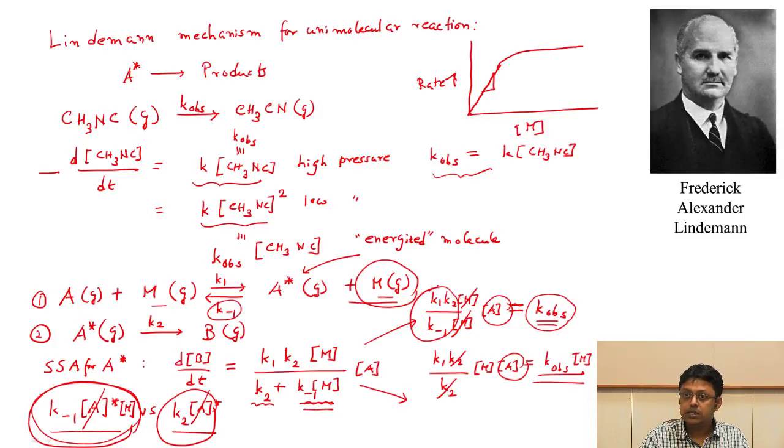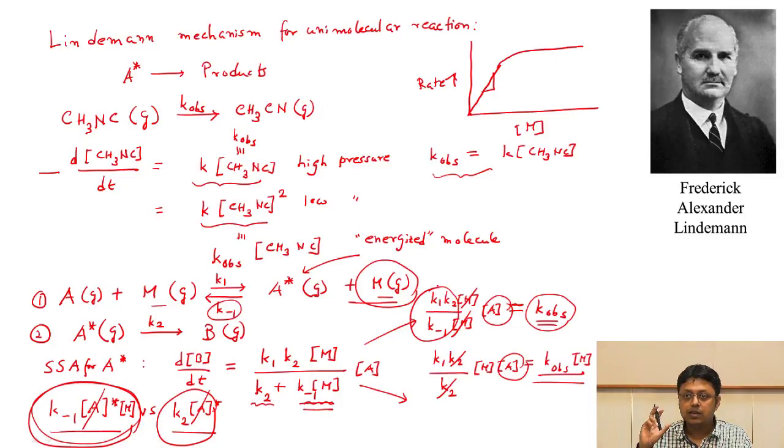Now, pressure of what? It is pressure of, in general, any. It can be a pressure of anything, or you can actually insert an inert gas and also then call it as M, and then vary the pressure of the inert gas itself to study the unimolecular reaction. You can consider it as a second body present there, which is not reactive. It is just increasing the pressure, which means actually it is increasing the collision, and thereby it is controlling the amount by which the A star is formed, and the rate by which the A star is also deactivated.